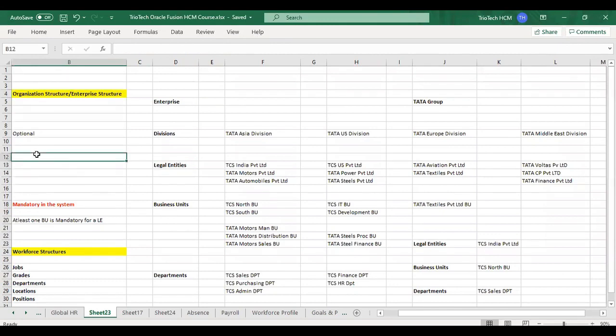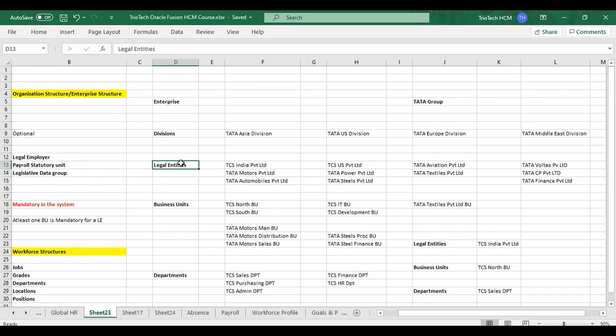We have something called legal employer, something called PSU, payroll statutory unit, and something called LDG, legislative data group. We should also know about these three more concepts when we're talking about legal entities in the system.